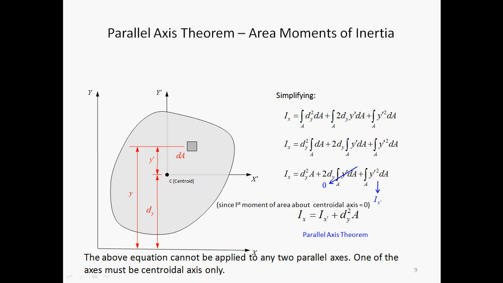After simplifying, the final equation can be written as Ix equal to dy squared integral dA plus 2 dy integral y dash dA plus integral y dash squared dA. The second term cancels because the first moment of area about the centroidal axis is 0. So the final equation is Ix equal to dy squared A plus the integral of y dash squared dA, which can be written as Ix equal to Ix dash plus dy squared A. This is called the parallel axis theorem.